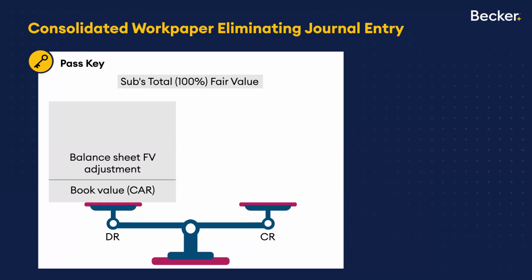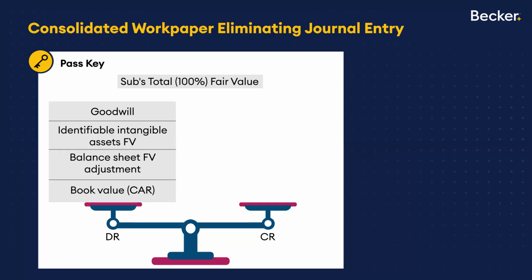They also have certain things on their balance sheet which are worth more than it's on their books for. They may also have intangibles that aren't on their balance sheet at all, but do have fair value. And there's other value that we can't assign to anything specifically, but is nonetheless there. That's what the sub is effectively worth. That is its total fair value.